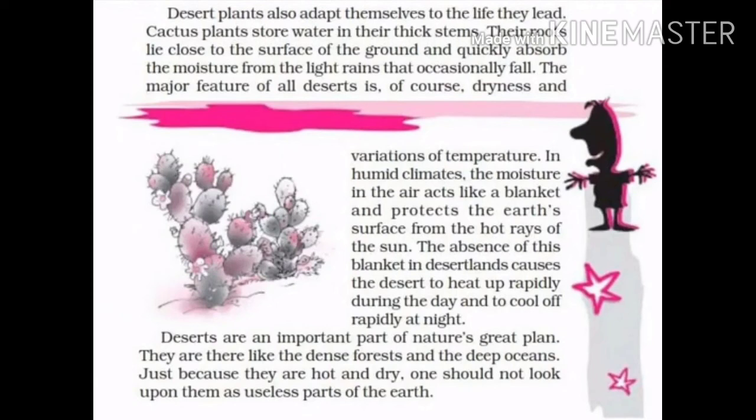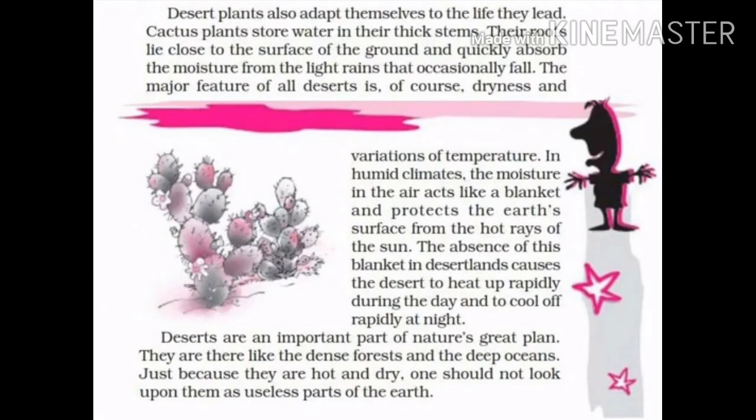The major feature of all deserts is, of course, dryness and variation of temperature. In humid climates, the moisture in the air acts like a blanket and protects the earth's surface from the hot rays of the sun. The absence of this blanket in desert lands causes the desert to heat up rapidly during the day and to cool off rapidly at night.